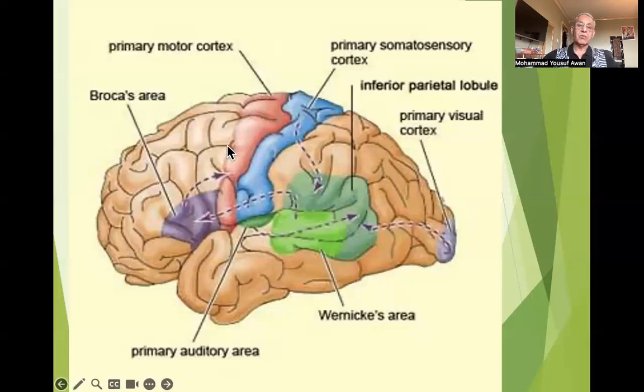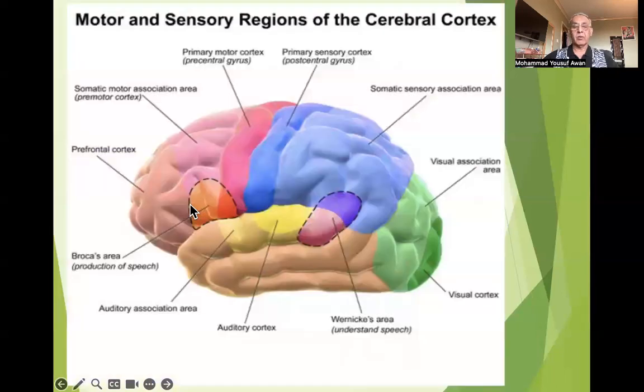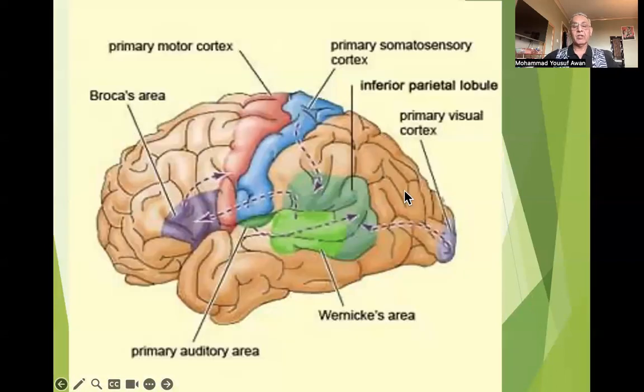In front of this, the lower part of the motor area, this purplish area, is called Broca's area. This is the primary motor speech area, where the motor part of speech is controlled. Behind it, the greenish area is Wernicke's area, where the interpretation of speech happens.